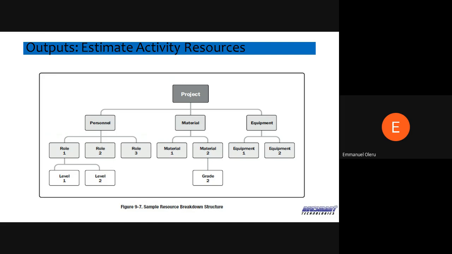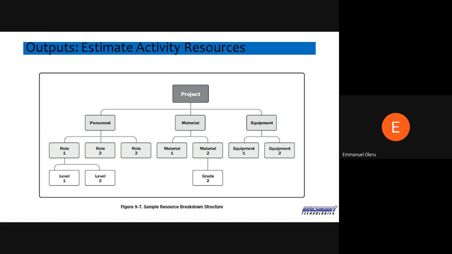So you have the project, you need personnel, that's human, that's top left now on your screen. And then you have material resource, and then you have equipment that you're going to need. You can break down further the personnel you need. What are the roles? Role one, role two, role three, role four. And then for role one, do we need more resources under them?